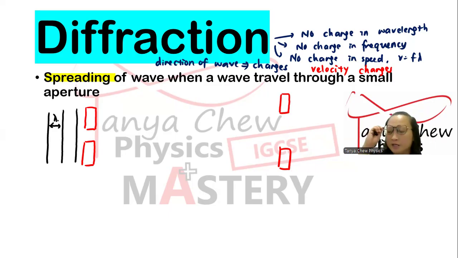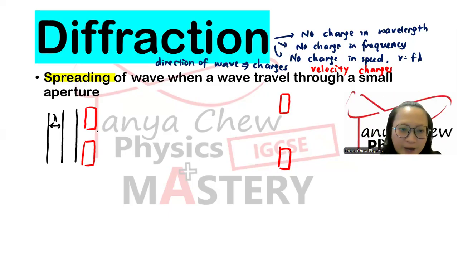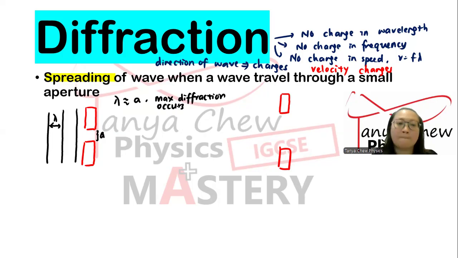Whenever you see this question, use your ruler or your naked eyes. If the wavelength is almost similar to the size of the gap, which I put as a, then bear in mind maximum diffraction occurs. Maximum spreading occurs.